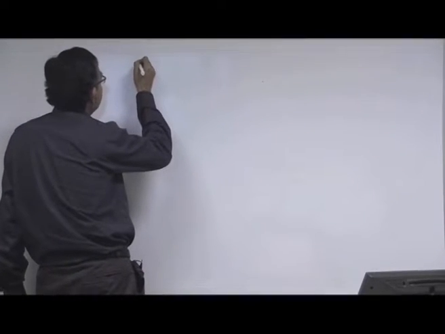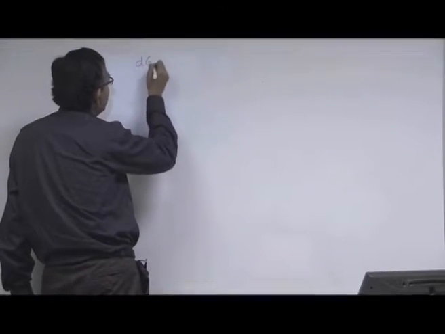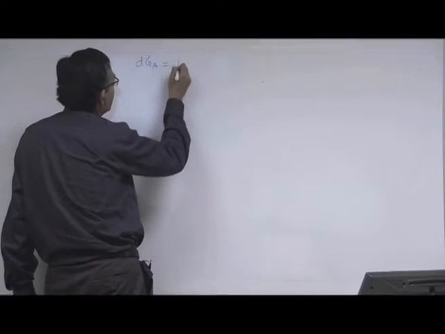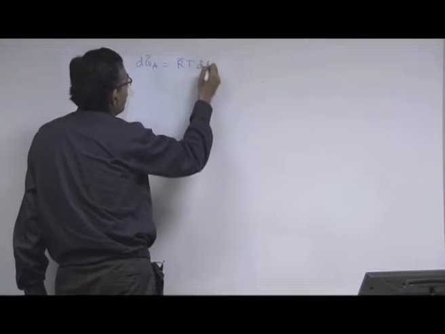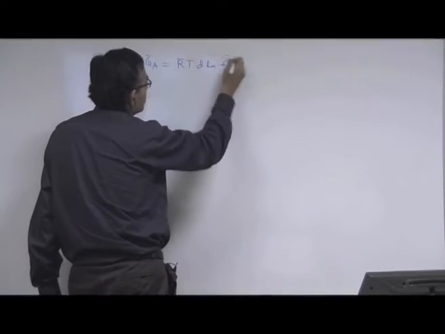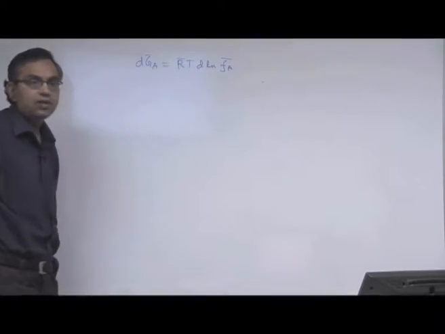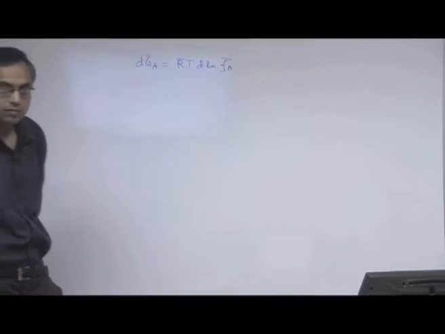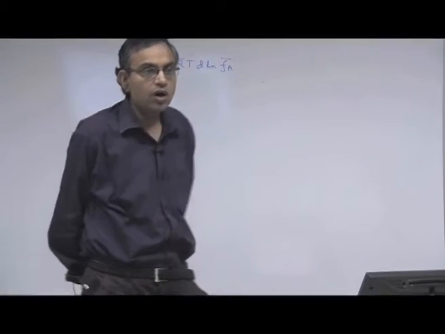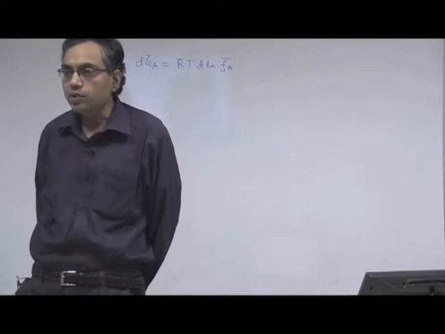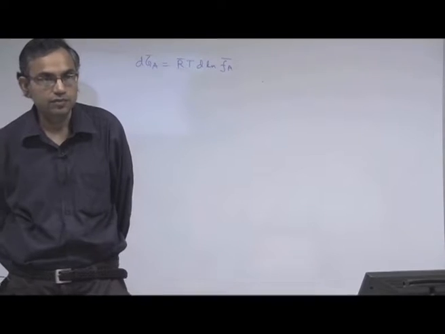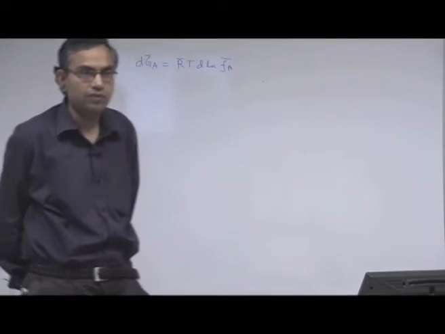So we will start with dG bar A equal to RT d ln F bar A. We will start with this definition. Our objective is to find an expression for the chemical potential in terms of the fugacity. So we will start with the corresponding differential form.